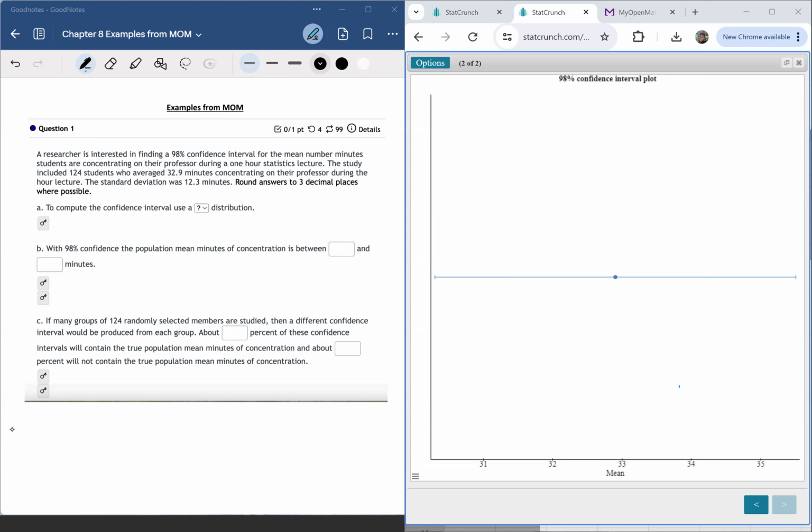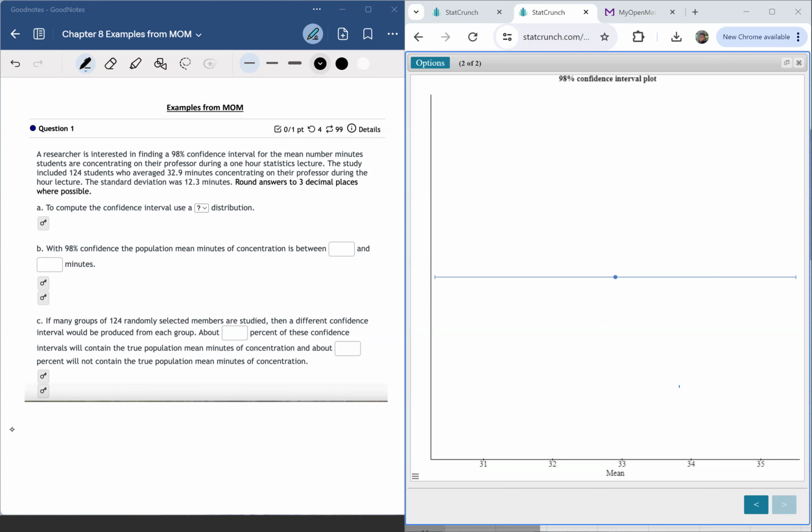And what that means is that given this information, we are 98% sure that students will be concentrating on the professor somewhere between about 30 minutes and 35 minutes. So that's what we're finding here.